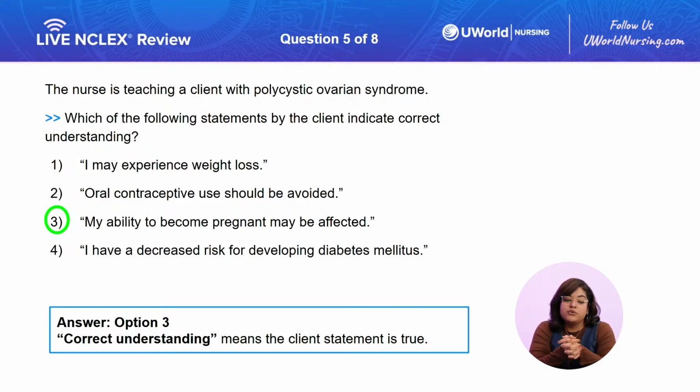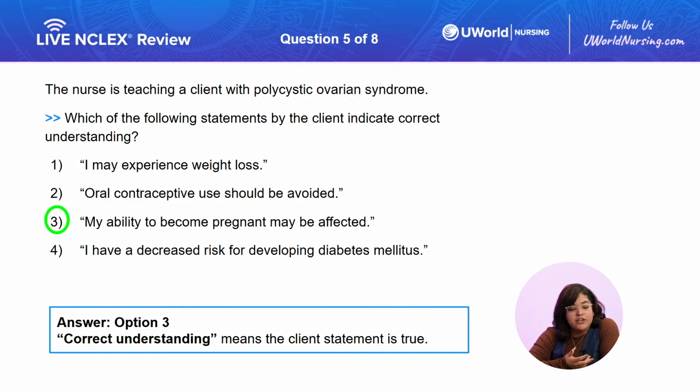It also leads to excess testosterone and estrogen levels and abnormally low progesterone levels. So clients with PCOS and chronic estrogen excess are often anovulatory, which means they don't ovulate. They don't ovulate, which can lead to infertility.